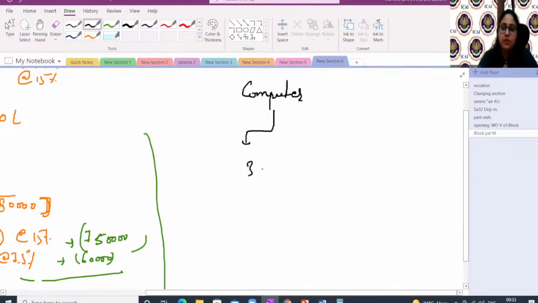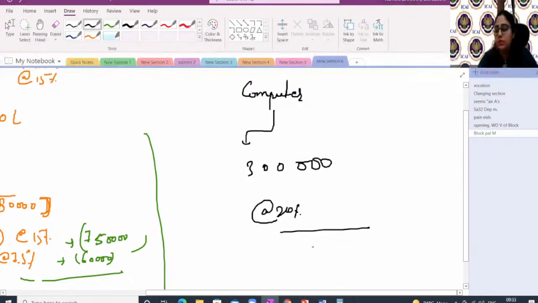How much would be the depreciation at the rate? 20%. Why? Because it is put to use for less than 180 days. So 3 lakhs at 20%, 60,000 would be my depreciation. My closing WDV for this would be 3 lakhs minus 60,000, 2,40,000.